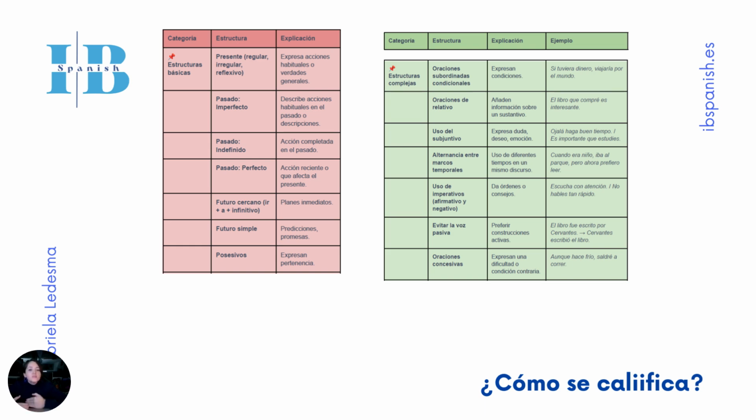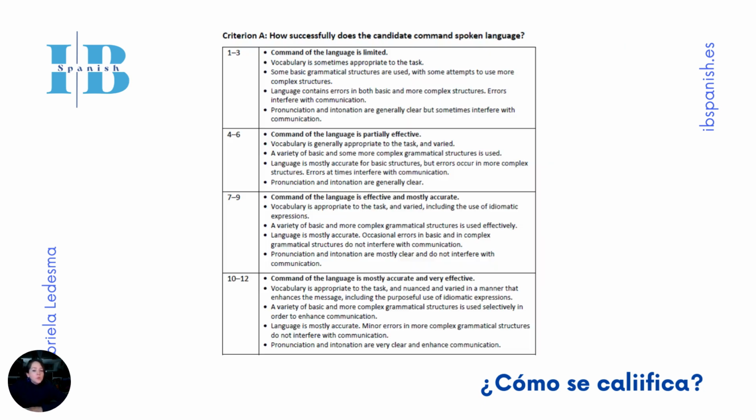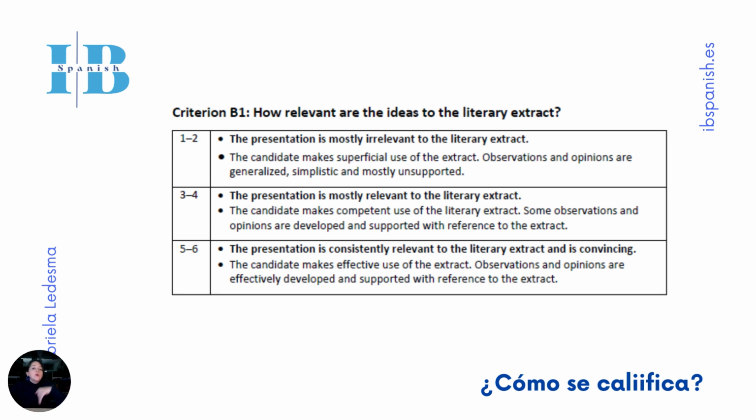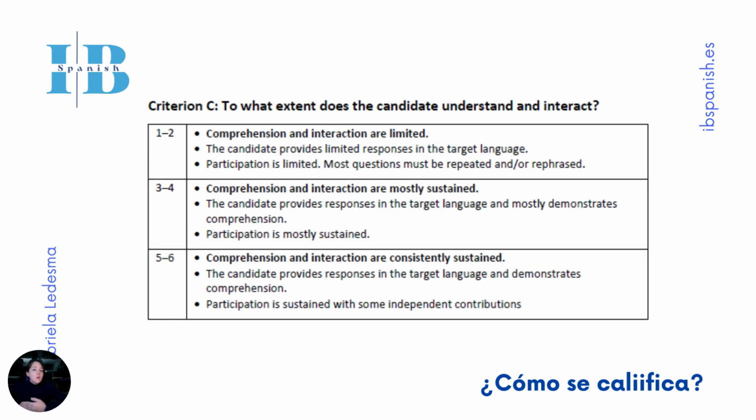What we really want is variety in vocabulary and in grammar. And then also we will grade separately the three parts of the exam: how well was your use of language during the whole exam, but also how well did you use the literary structure in order to present consistent and relevant ideas. How was your interaction during the conversation part?